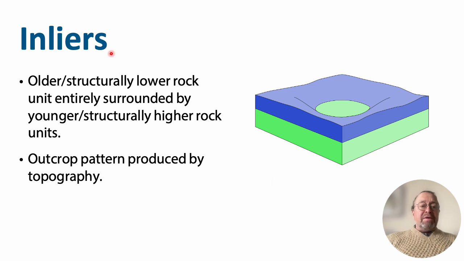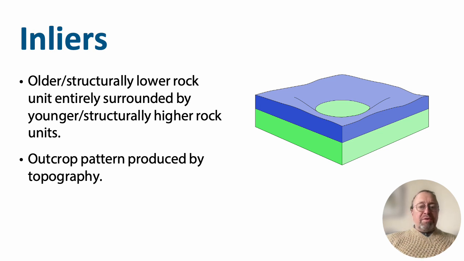So in the case of an inlier, this is where we have 2 rock units, one older, one younger, and by virtue of a depression in the topography, you're able to see through essentially a hole in the top unit to see the exposure of the lower one, and this will look like some sort of a blob on the map with the older unit surrounded by the younger one, like that.